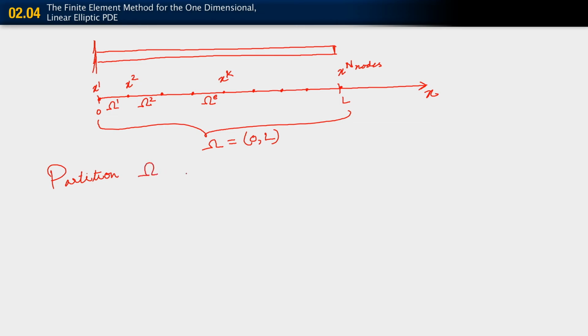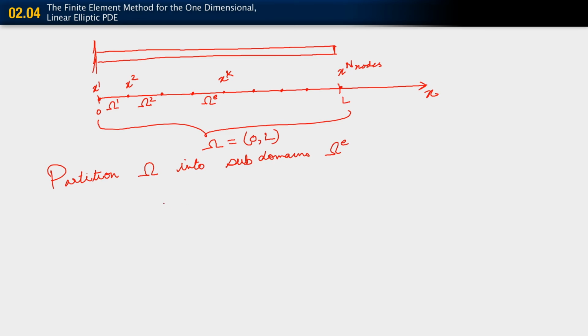We've partitioned omega into subdomains omega e, all right?